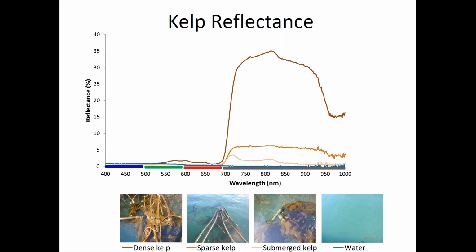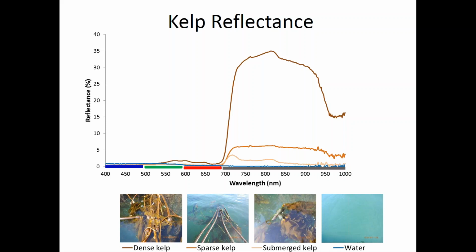What we have to think about is that the condition that the kelp has on our coast here is mostly sparse and submerged. It's very rare that we'll see dense kelp as shown in this picture here. So we have to figure out how to use this infrared and red part of the spectrum to map the kelp in our waters.